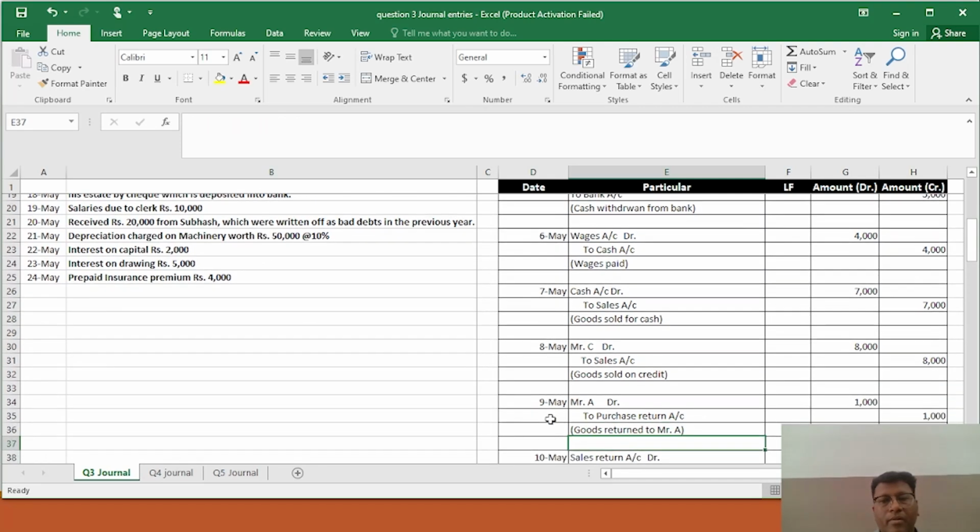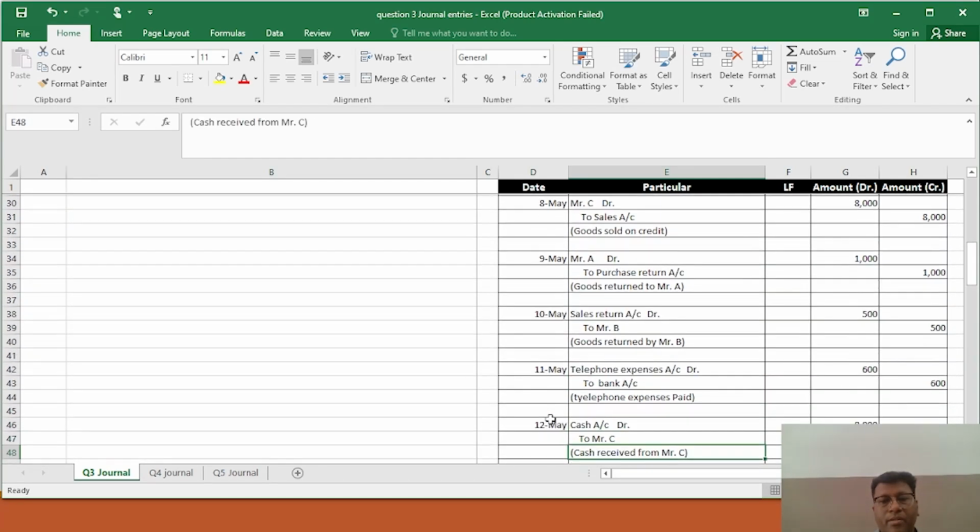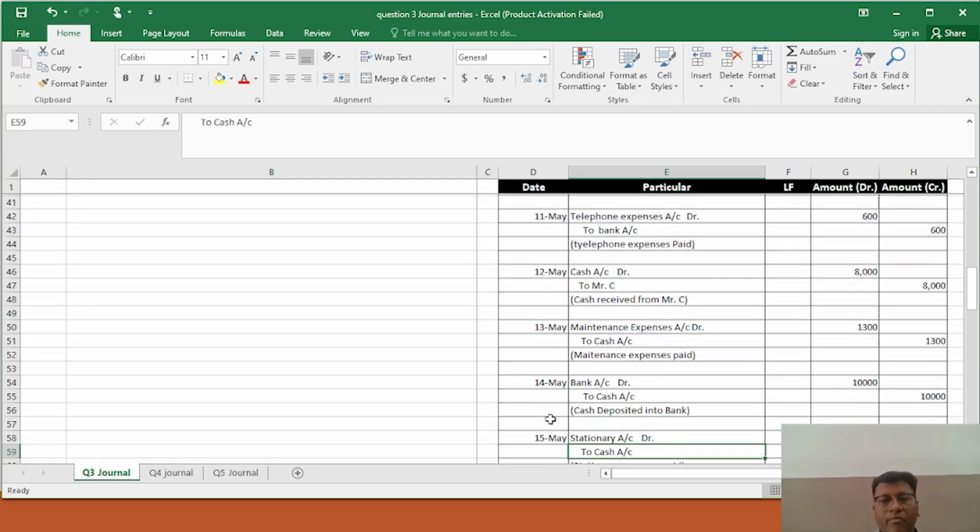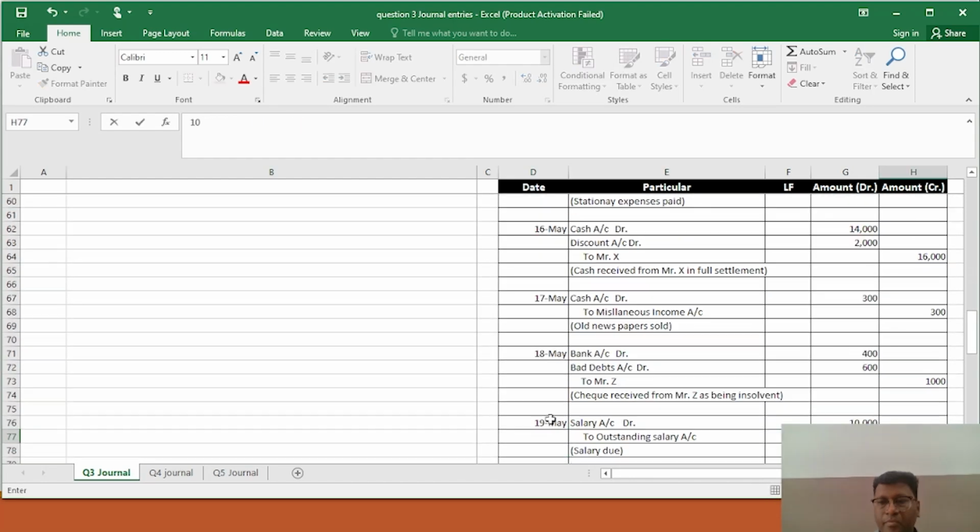Okay, rupees 10,000. We have to mention. So this was the new case for you all, that outstanding salary. Why are we mentioning the outstanding salary? Because you are not paying the cash for the salary. It is the case where the salaries are due, right? In the future, it would be given, or in the next year, right?